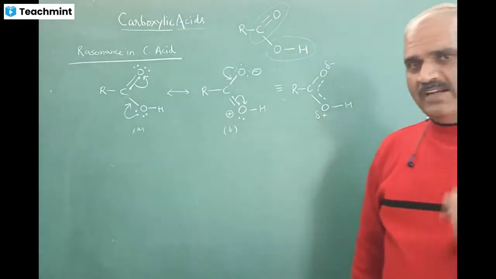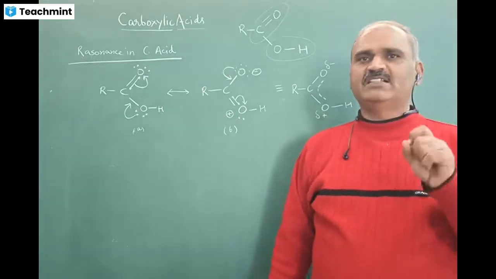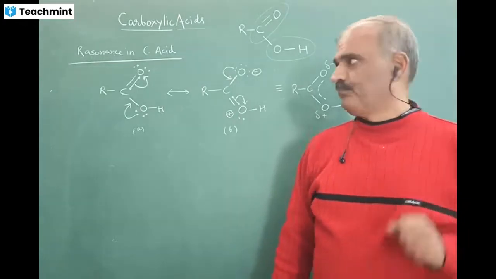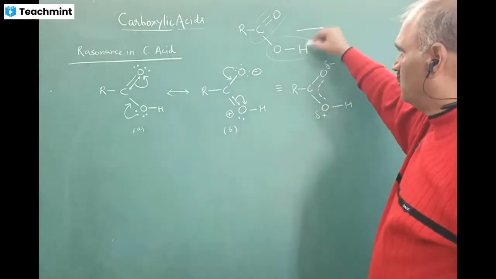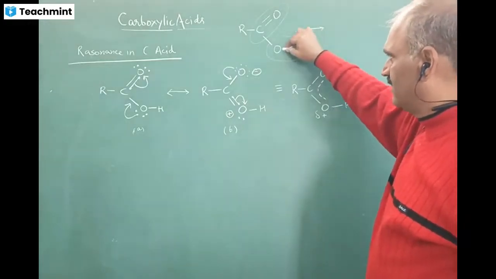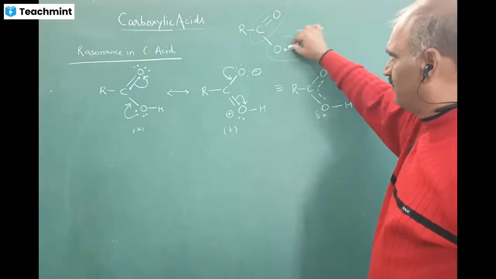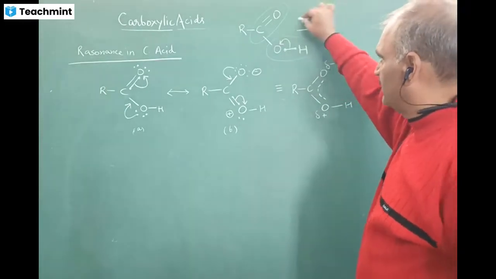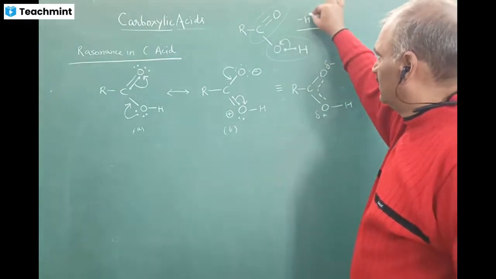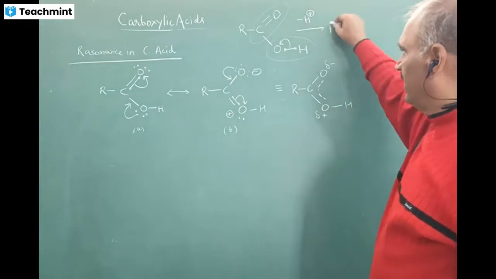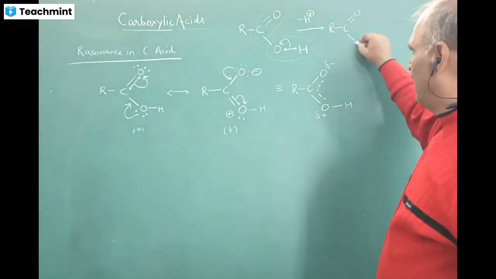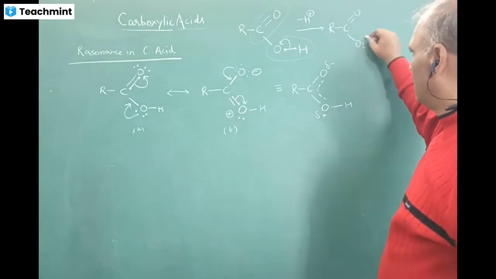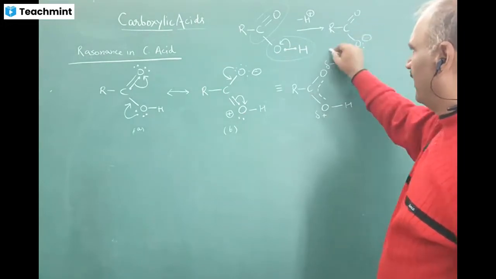Now let us see resonance in the carboxylate ion. When a carboxylic acid molecule loses H plus and behaves like an acid, when H plus is given out, the remaining part is called the carboxylate ion.